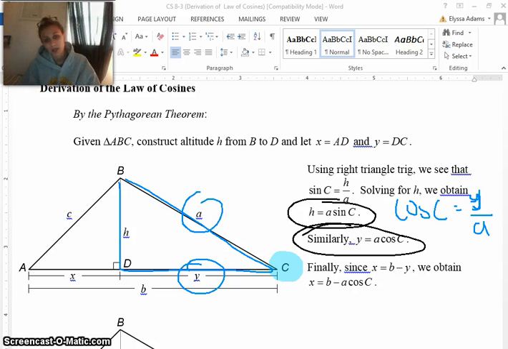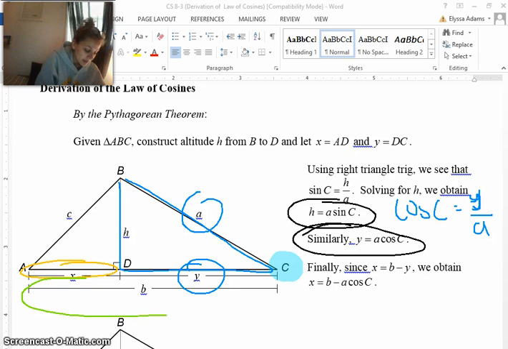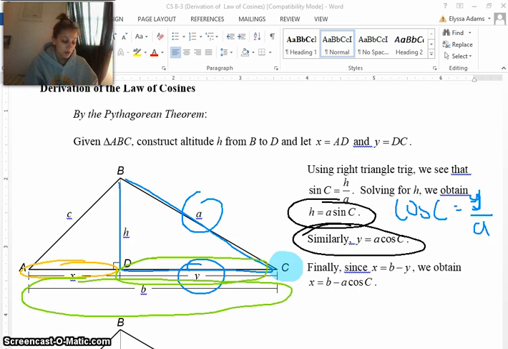And remember, x and y were from when we dropped in an altitude and broke up b into two separate pieces. So if we think about it, x, this piece over here, is really equal to this entire piece b minus this y piece. So that's what this part says right here. x is equal to b minus y.